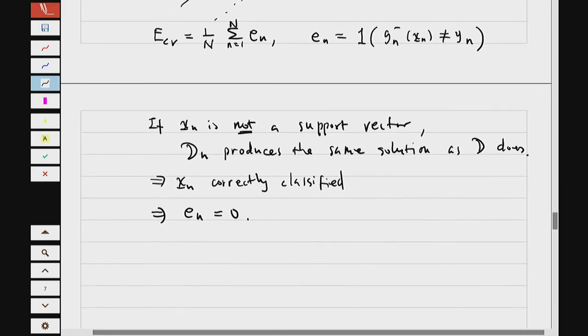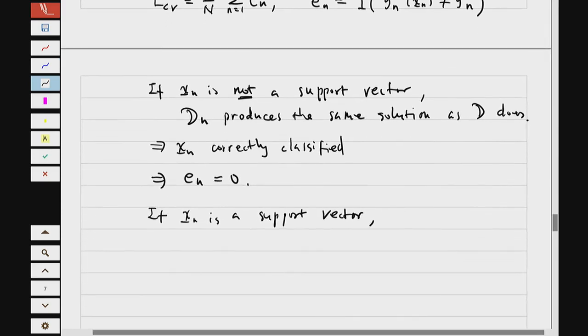Okay. Now, if Xn is a support vector, now we have to find out what happens. If Xn is a support vector, then of course now, say you take out one of these guys, right?